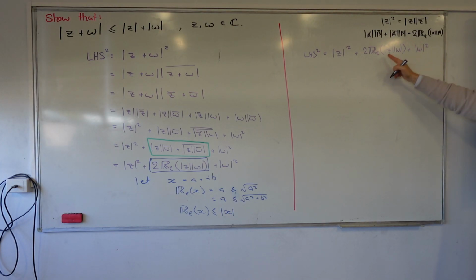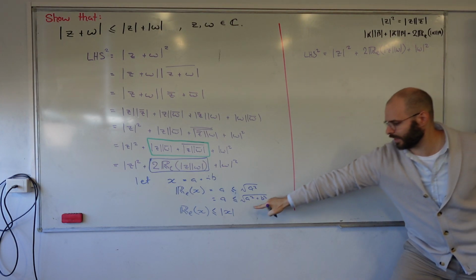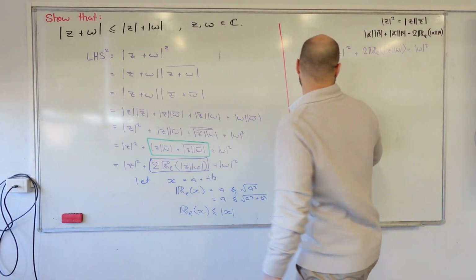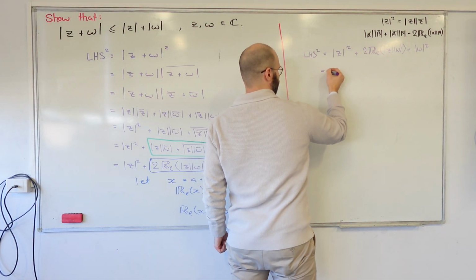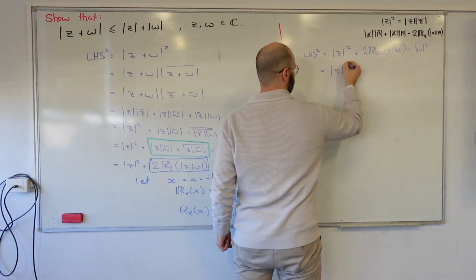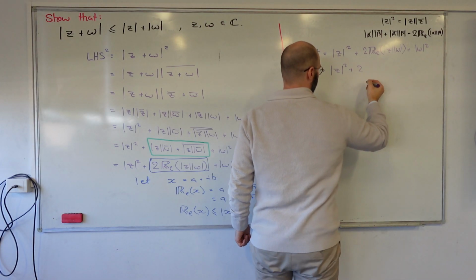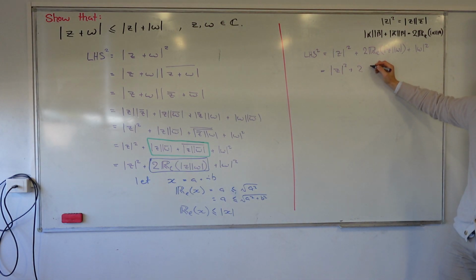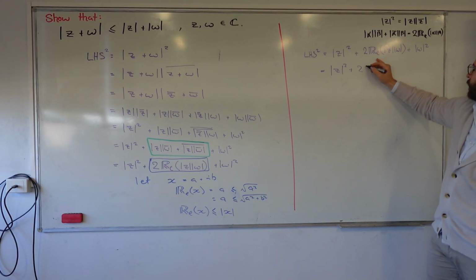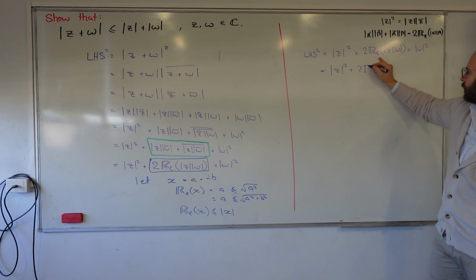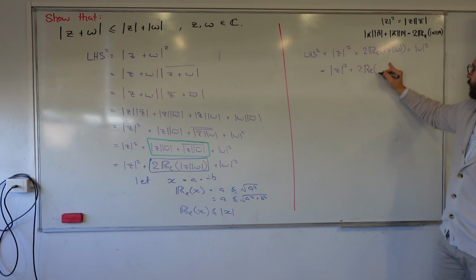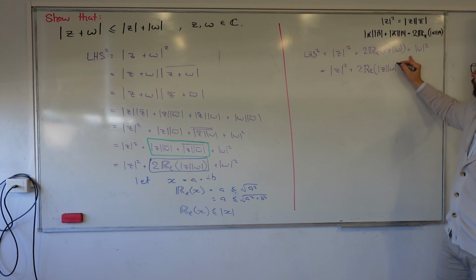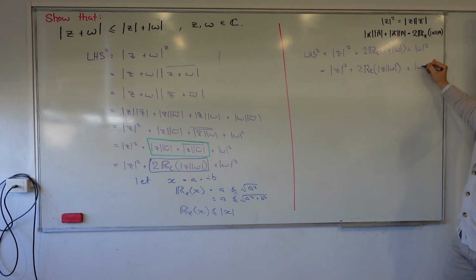Now have a look at this. We can get this and we can apply this here. Rather than having 2 lots of this, we can have 2 lots of the real component of that.